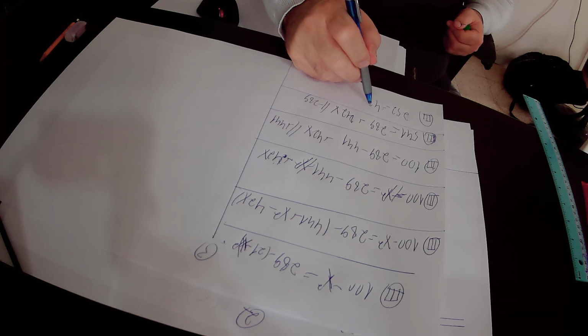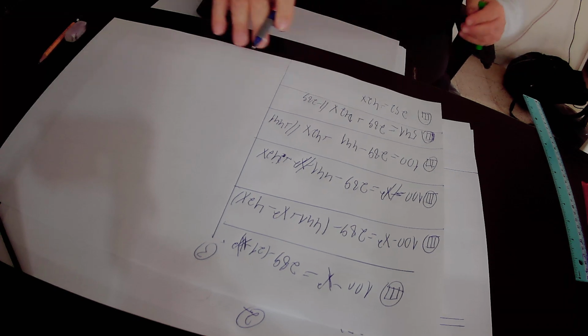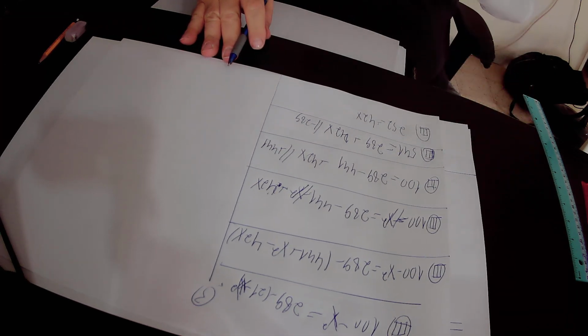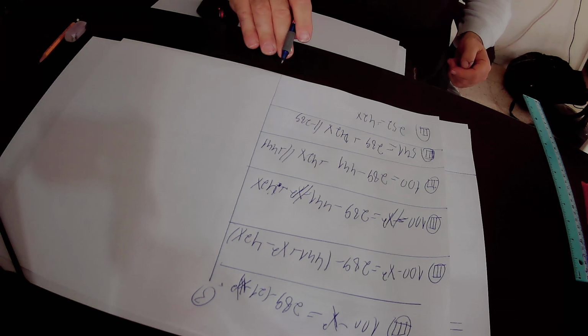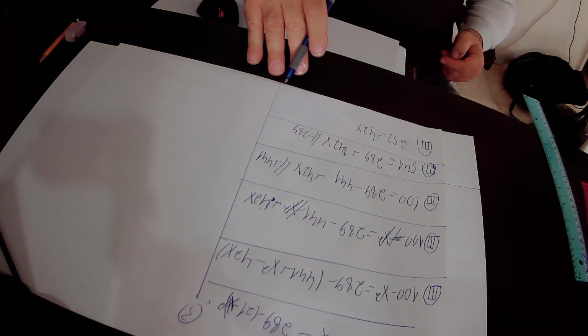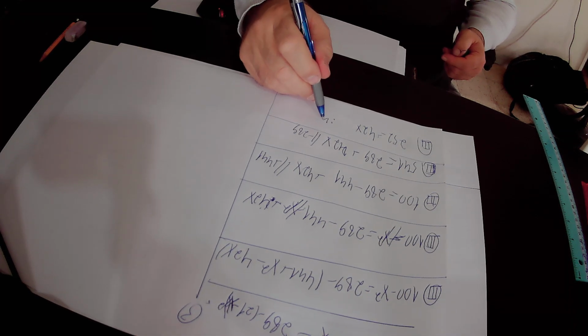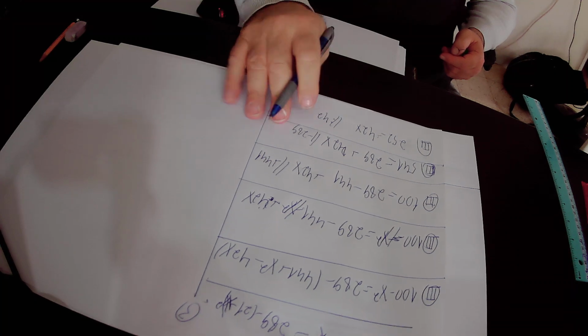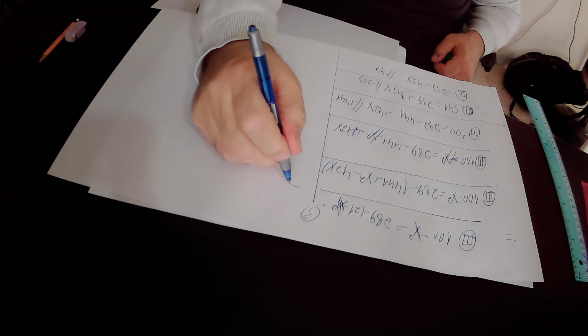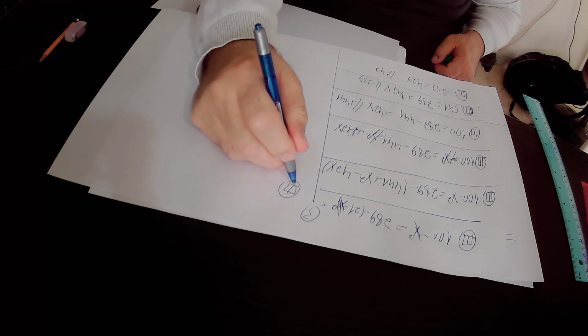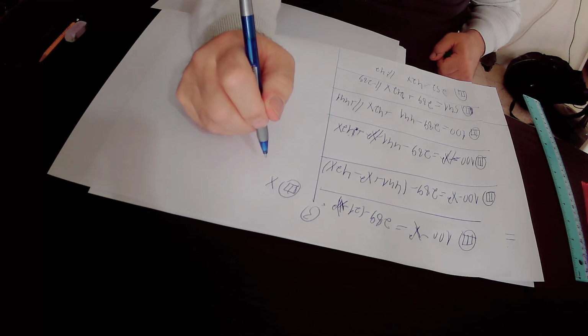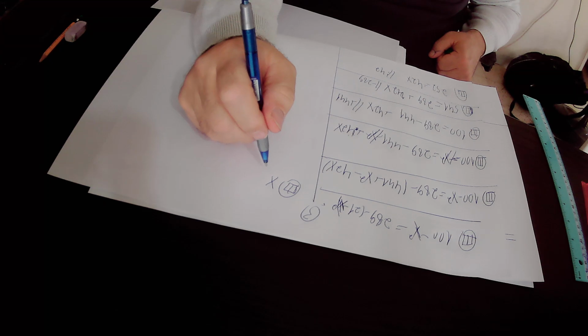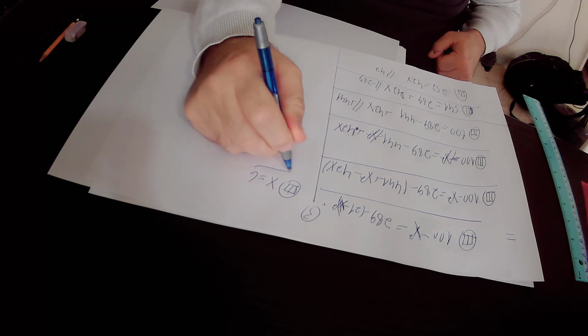So according to equation 3, 252 equals 42x. So here we divide this equation by 42, and finally we get that x equals 252 over 42, which is 6. So x equals 6 units in length.